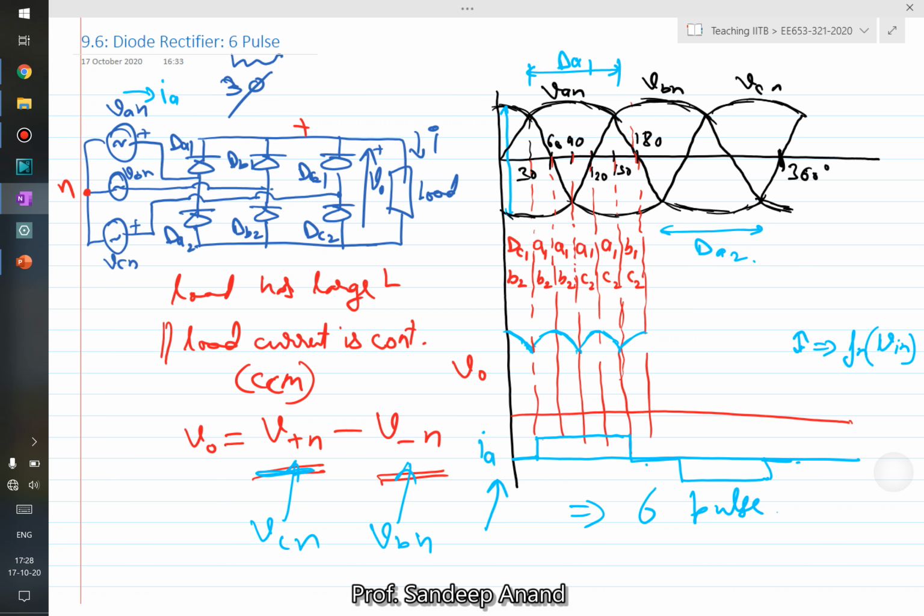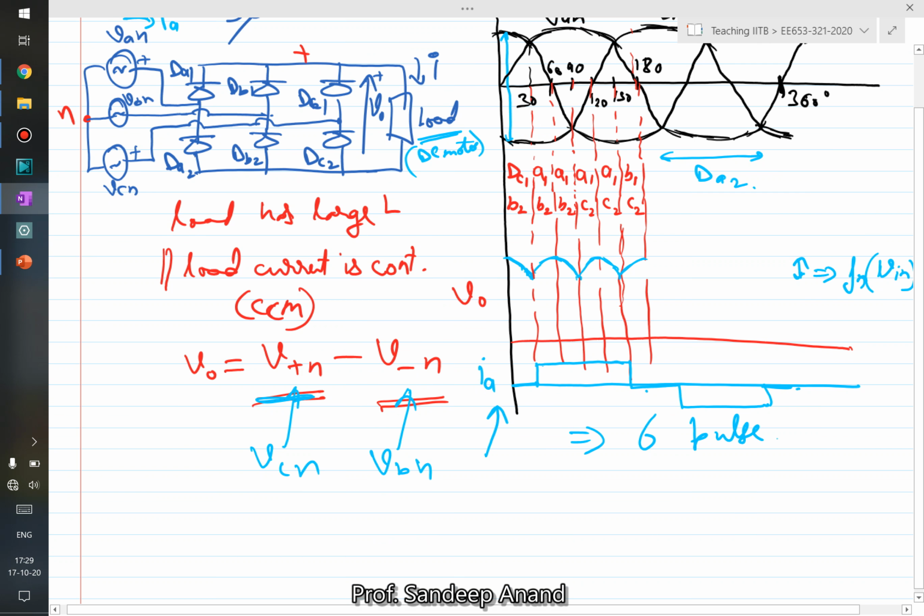Let's say your input voltage suddenly fluctuates because of grid voltage fluctuation, then your output voltage will also fluctuate. Let's say your load is a DC motor, and you want to change the armature current, you want to change the armature voltage. If you want to change the armature voltage, you want to change VO, but in this case you cannot change VO because it depends on the input voltage.